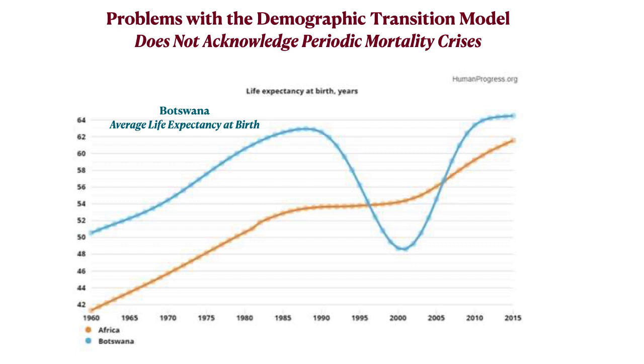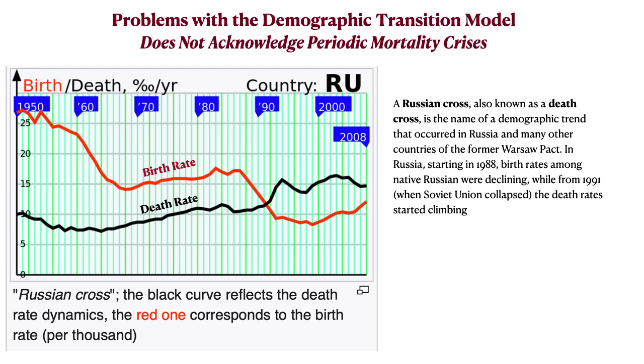But it wasn't a given that AIDS would occur, nor was it a given that AIDS could be cured. So these sorts of crises occurred not just in the pre-industrial or primordial period, whatever you want to call it, but still occur today.